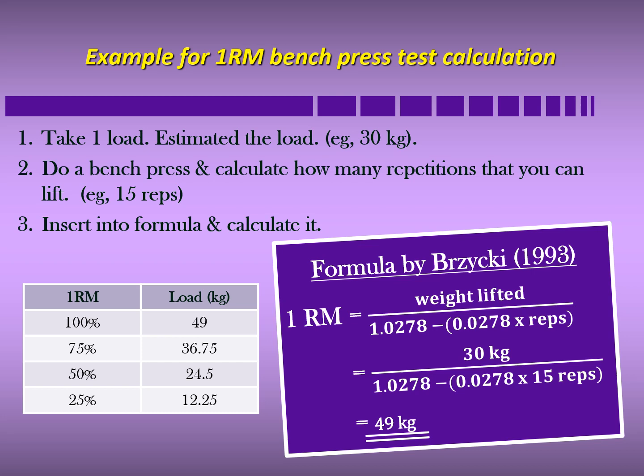Using the formula by Brzezinski 1993, 1 RM equals weight lifted divided by 1.0278 minus, in brackets, 0.0278 times repetitions. I already inserted the weight: 30 kilograms, 15 repetitions. I get 49 kilograms, which is actually my strength to lift.